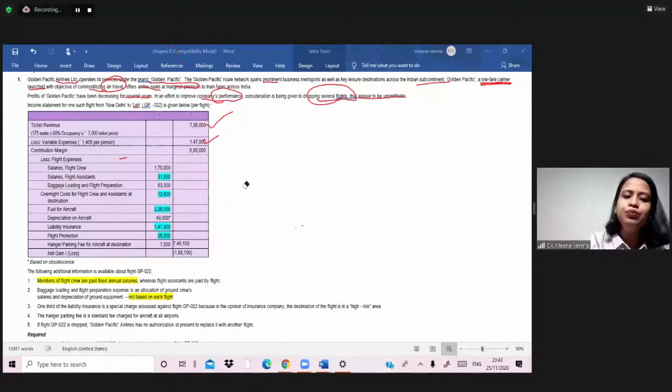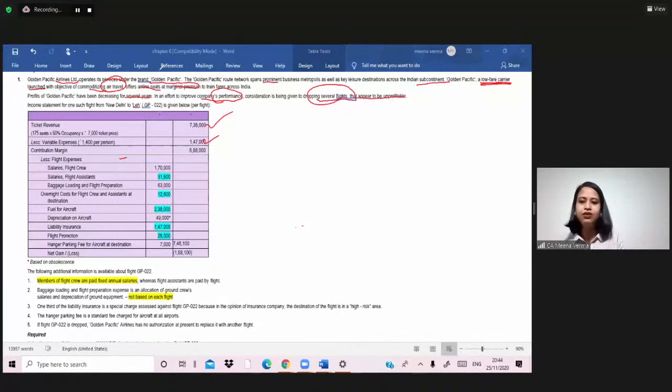They want to drop some of the flights which are not profitable. Not profitable, let us drop it. So for that you need to do analysis.